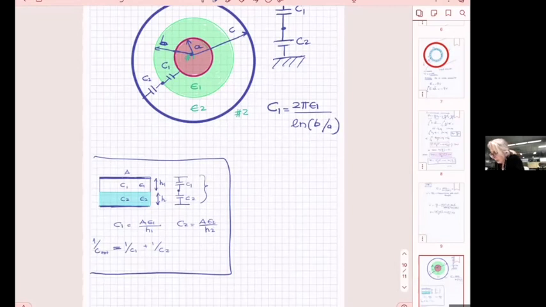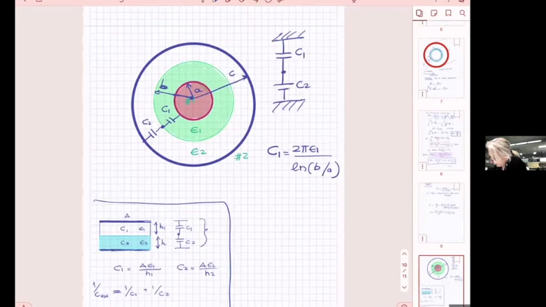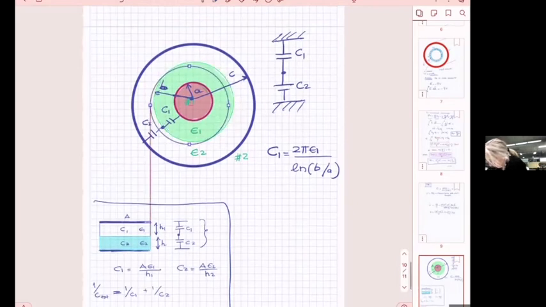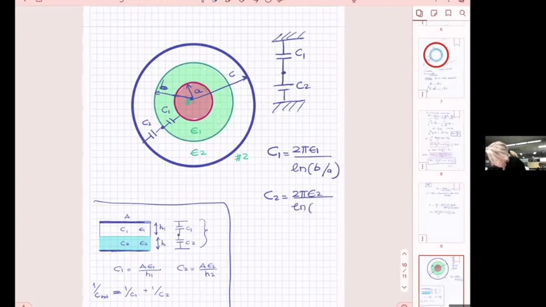It's as if you had a coaxial that looked exactly like this one here, the inner part only. And C2 will be 2 pi epsilon 2 divided by ln of C over B, excuse me, always. The larger number goes on top.